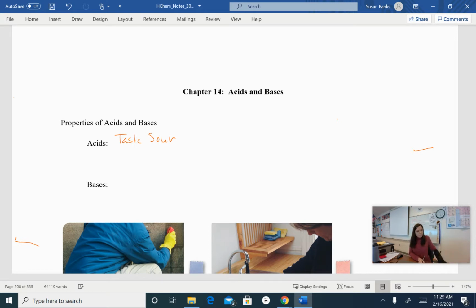Okay. Another thing that we want to talk about is acids react with lots of metals. Not all of them, but they do react with most metals.